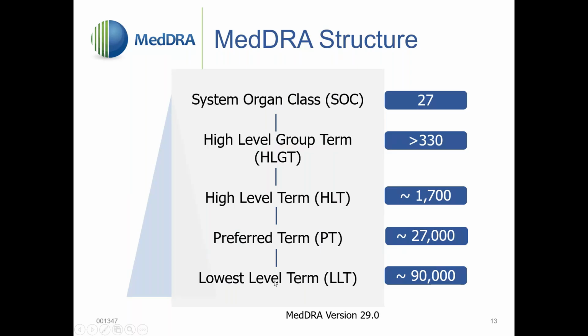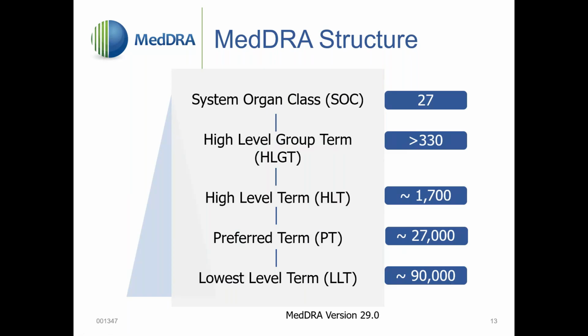And you can see that starting from the top, MedDRA gets more and more granular. We have 27 SOCs, and on the lowest level term level, we have more than 90,000 terms.